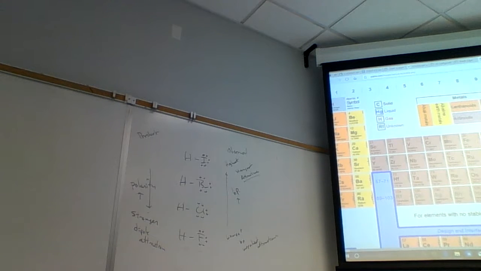Iodine has 53 electrons plus the hydrogen, so the total number of electrons will be 54. For HF, the total number of electrons will be 10. Which one's more polarizable, having 54 electrons or 10 electrons? Which one's going to have a bigger cloud? 54 electrons.